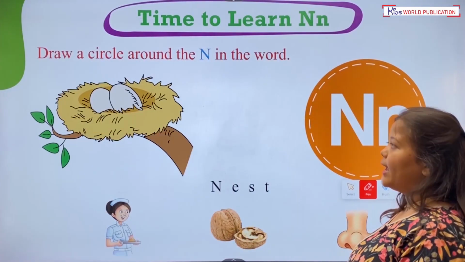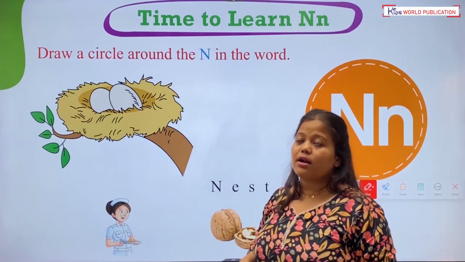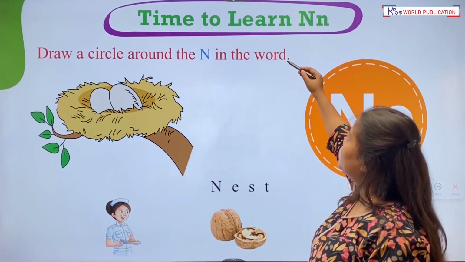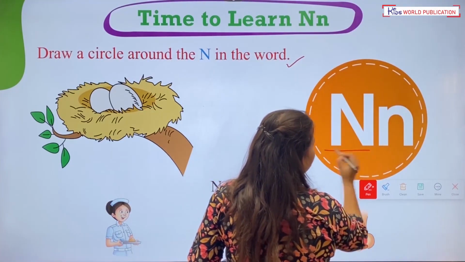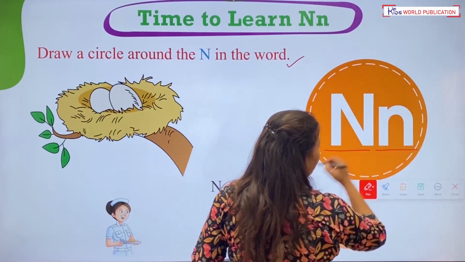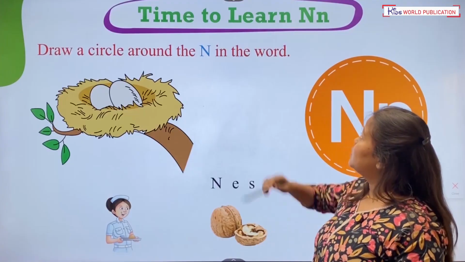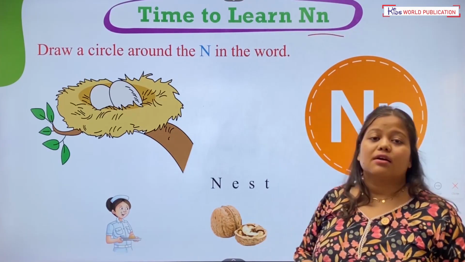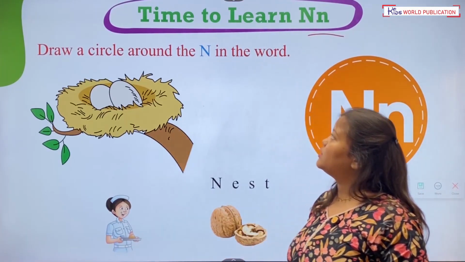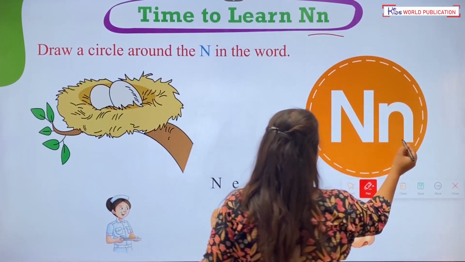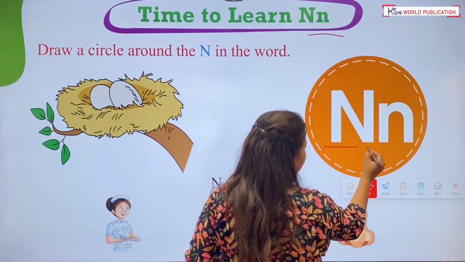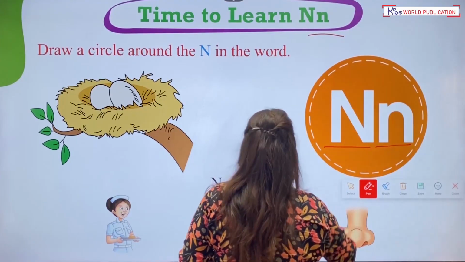Time to learn N. Draw a circle around the N in the word. So kids, this is letter N. Capital N, small n.